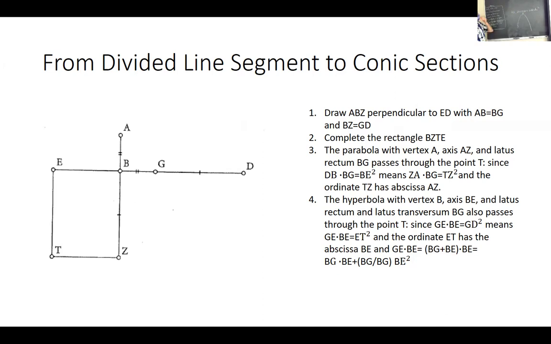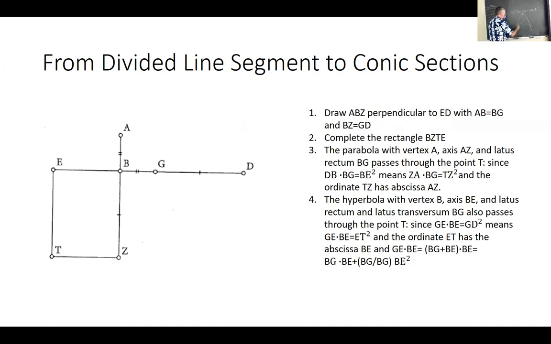Now, the other condition means that T lies on a hyperbola with vertex at B, axis BE. Remember, hyperbolas need two parameters: the latus rectum and the latus transversum. We're going to let BG be the same for both. Here is B, and the hyperbola looks kind of like that.